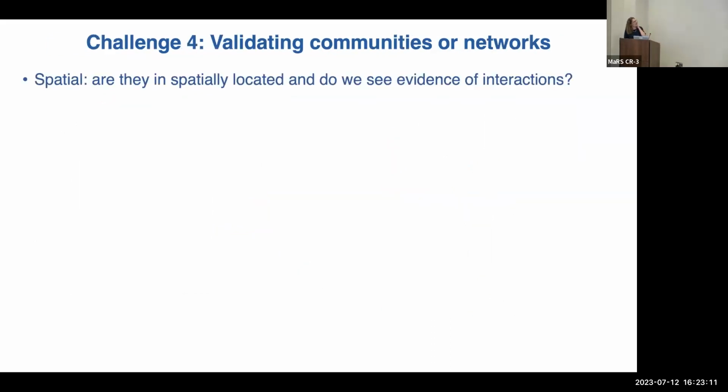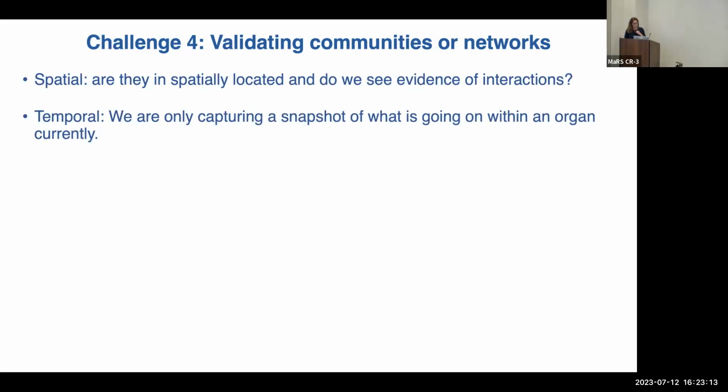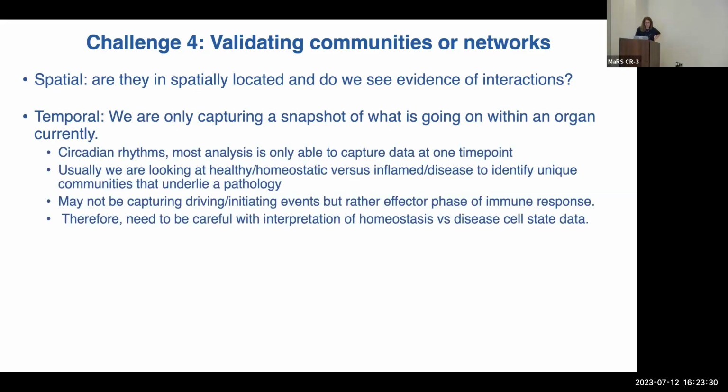And so these are various approaches people are trying to use. We're looking at spatial. Most of the time we're trying to capture just a snapshot. So more and more groups are trying to look at various time points, looking at different organs all at the same time to better understand the whole individual that we're looking at.